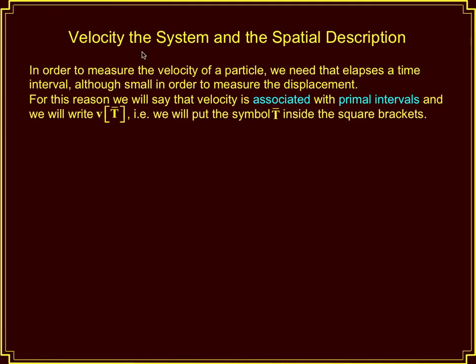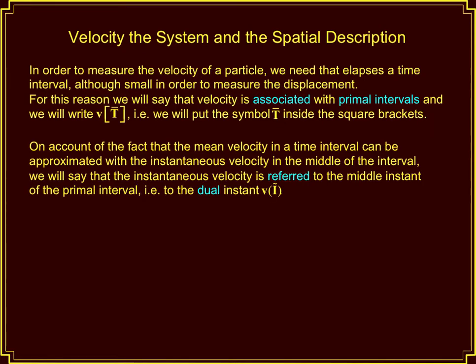Velocity, the system, and the spatial description. In order to measure the velocity of a particle, we need that a time interval elapse, although small, in order to measure the displacement. For this reason, we say that velocity is associated with primal intervals, and we shall write v as a function of t bar in square brackets, that is, we put the symbol line over bar inside the square brackets.